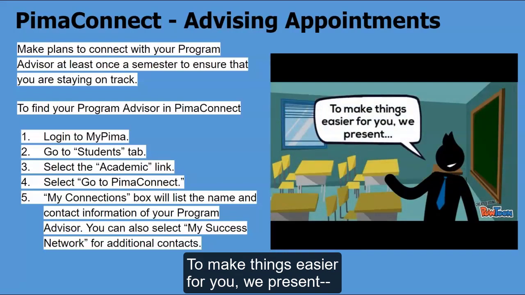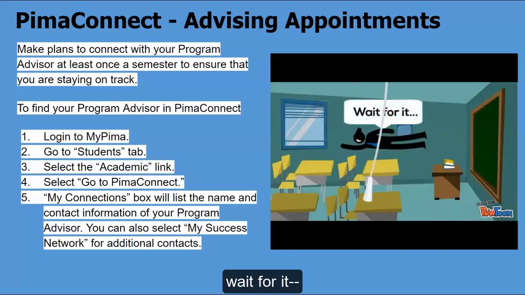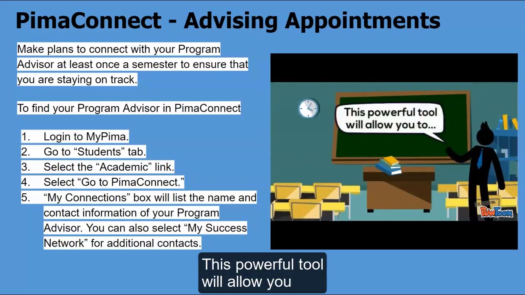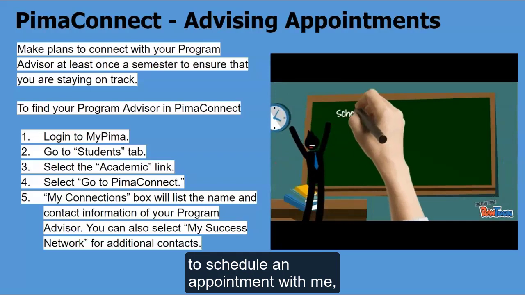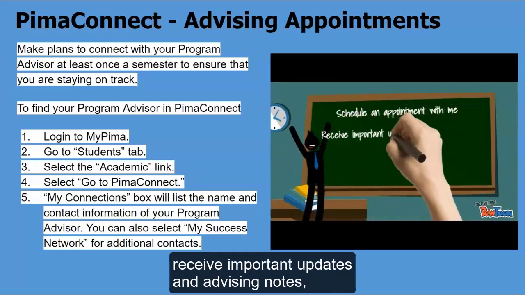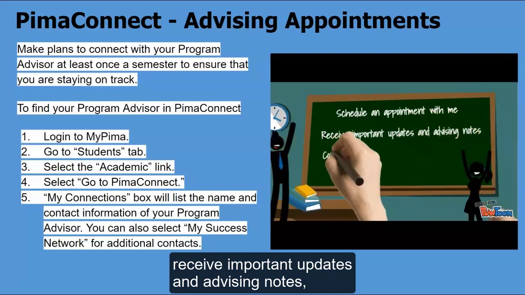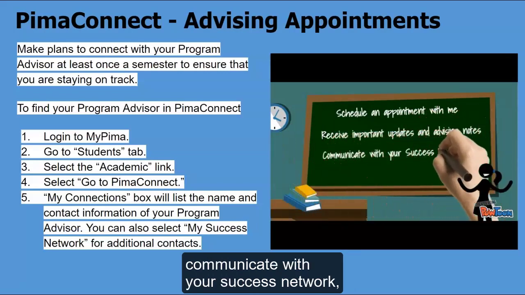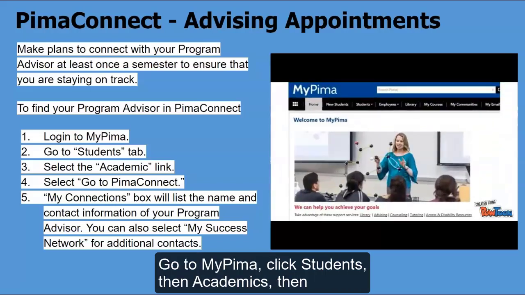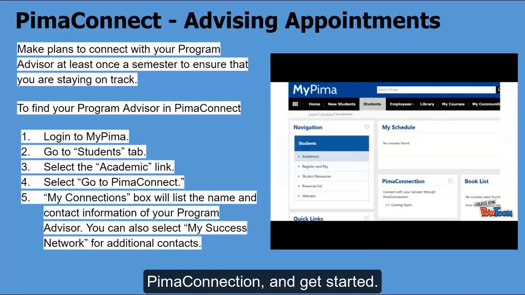To make things easier for you, we present, wait for it, Pima Connection. This powerful tool will allow you to schedule an appointment with me, receive important updates and advising notes, communicate with your success network, connect with other college resources. Go to My Pima, click Students, then Academics, then Pima Connection, and get started.